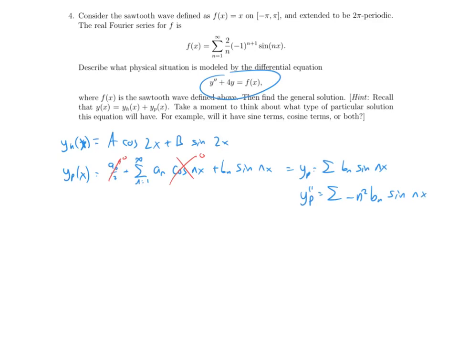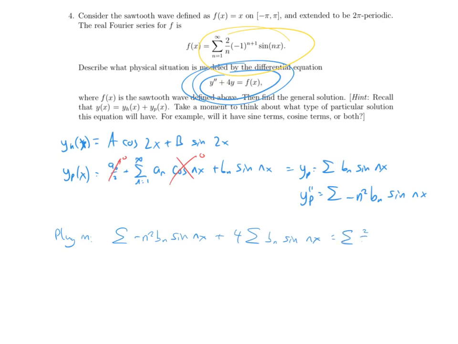So you plug this back in, and you get the sum of negative n squared bn sine of nx plus 4 times the sum of bn sine of nx, and you have to set that equal to the sum of 2 over n, negative 1 to the n plus 1, sine of nx.